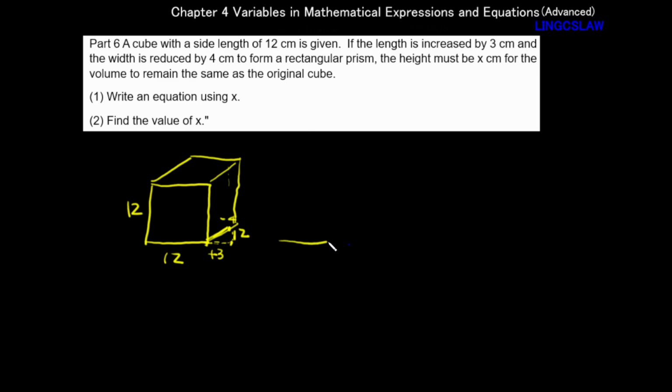So the resulting shape is something like this. So 12 plus 3 equals 15, and 12 minus 4 equals 8, and height is 12. The height must be x centimeters for the volume to remain the same as the original cube. So this is not 12 but x.